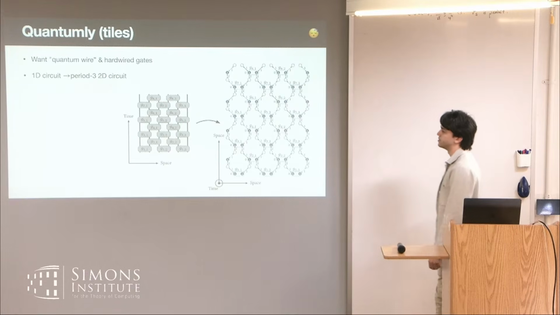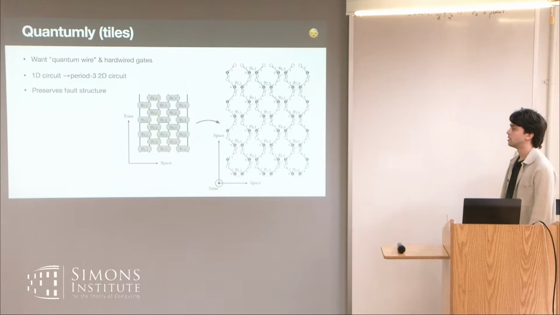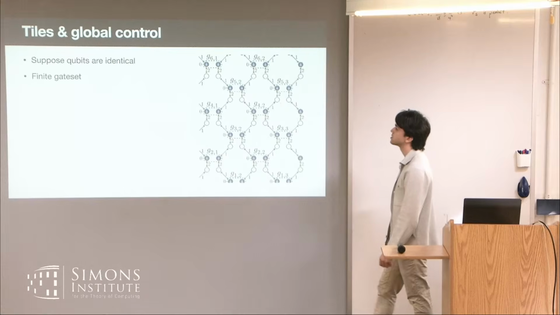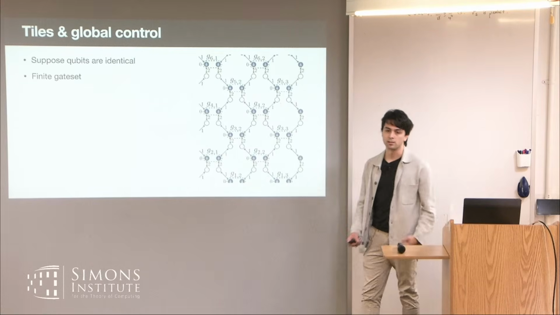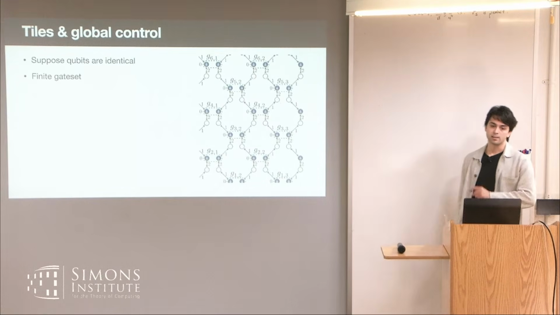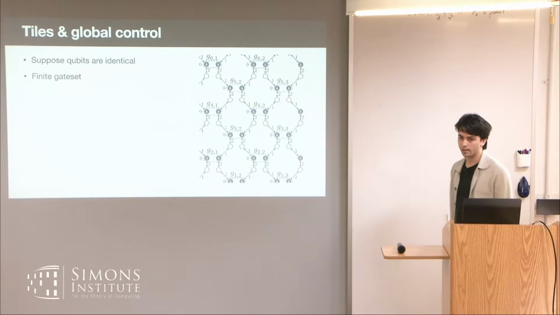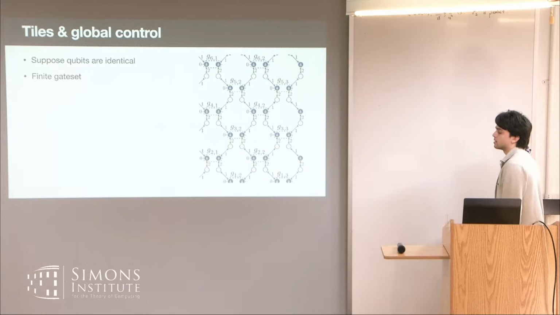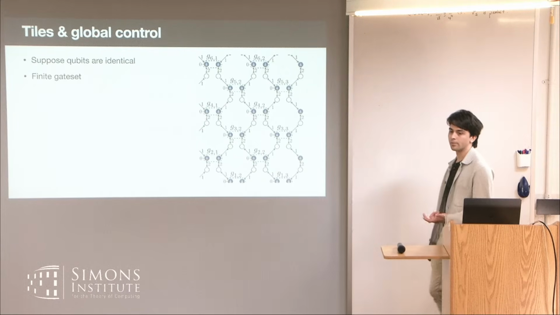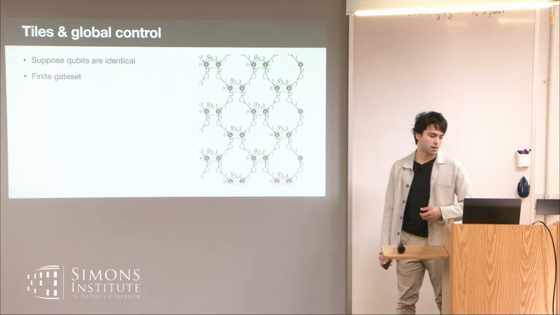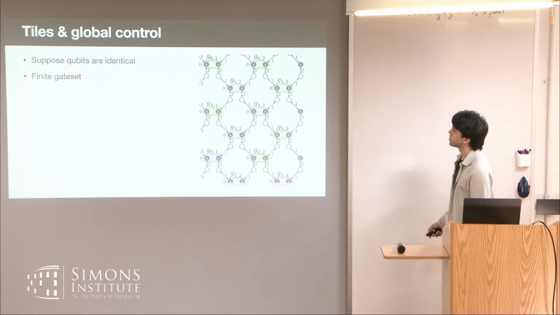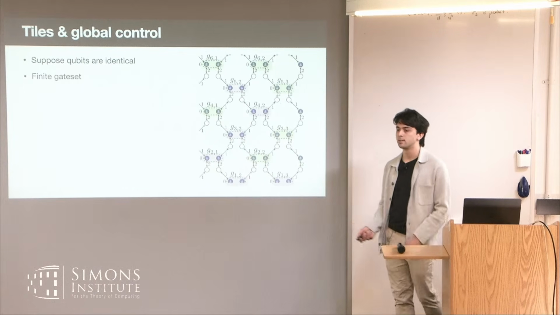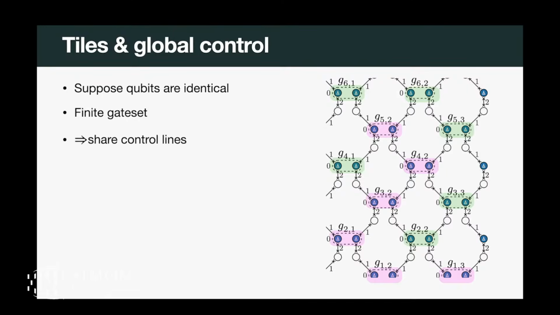Okay, so the reason I wanted to do this is suppose that your qubits are identical, that's a big ask, and I'll get to that at the end. And then suppose that your gate set's finite. Then you can start to think about something along the lines of a clock, as we had classically. I've drawn maybe 2 gates, magenta and green, and then I can start to think about sharing the control lines.